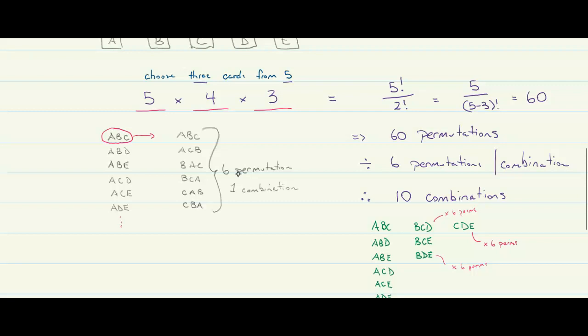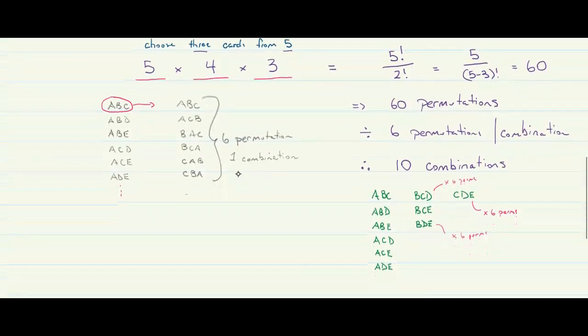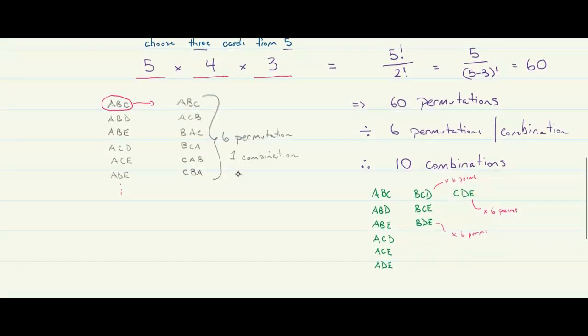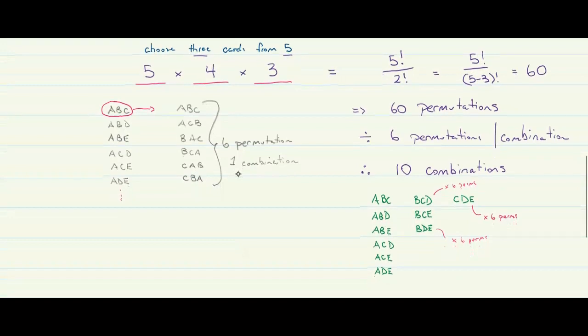So, how do we represent this using factorial notation then? For the permutations, for 3 cards from 5, it was 5 factorial over 5 minus 3 factorial, which got us 60. What do we need to do to that in order to make it combinations?